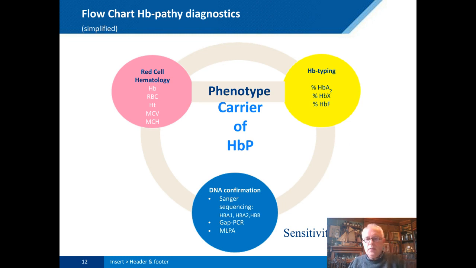Gap PCR is a way to detect common or known deletions, namely alpha thalassemia deletions, and MLPA is a technique to determine uncommon or rare deletions or duplications. And this reaches a high sensitivity. Most cases of carriership can be solved using these 3 elements.